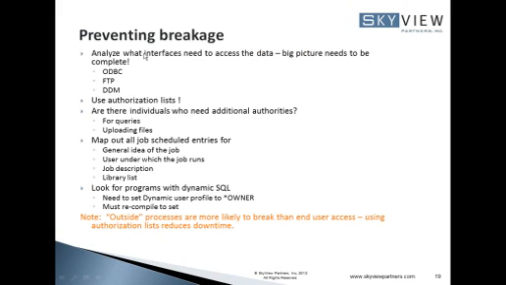Okay, so preventing breakage. The more you can understand what is accessing those application files from outside of the application, the better off you are. So the more complete that list is, the better off you are. How do I do that? I sit and I talk with programmers, operators, system administrators to make sure that they can tell me those outside processes.